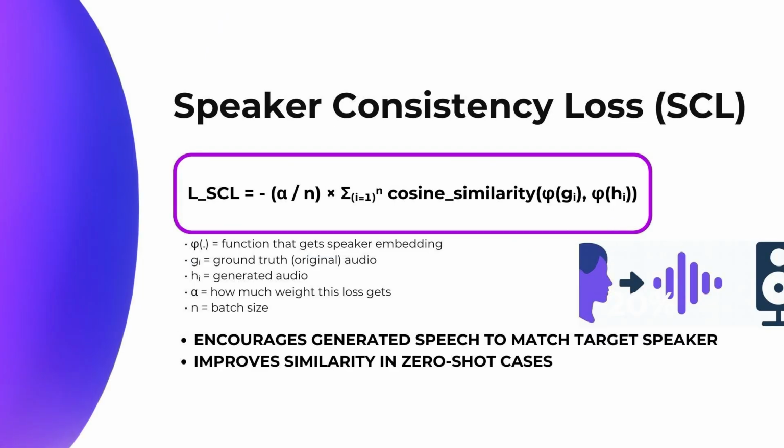And to make sure that the generated speech not only doesn't sound robotic but also sounds natural, it uses what is called a speaker consistency loss, which is the loss used in the paper. We compare the speaker embeddings of the generated audio with the real audio which we provided as an input, and we push them closer together using the cosine similarity between them. This teaches the model to preserve the voice characteristics of the target speaker.